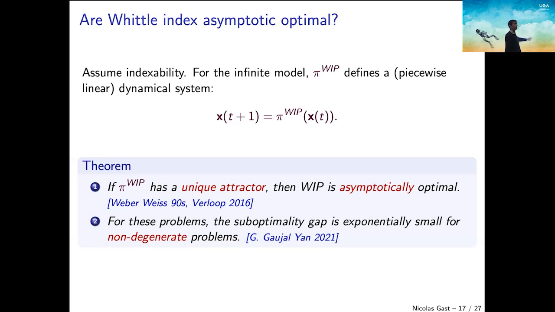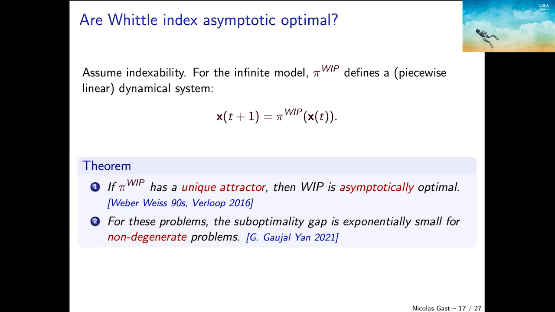And when I say if, it's almost an if and only if, in the sense that unless the rewards are really special, so that, for instance, if the rewards don't depend on the state, everything is optimal. But for generic models, essentially, the Whittle index policy is asymptotically optimal if and only if it has a unique attractor.